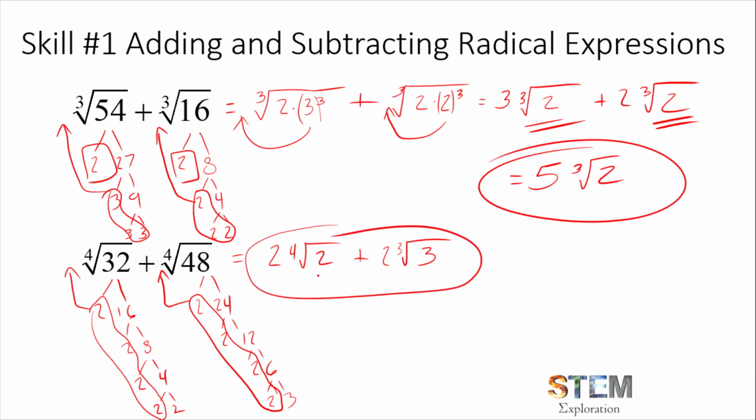There's no adding or subtracting that we can do because the radicand is not shared. Sorry, this is to the fourth. The radicand is not shared. The indexes are, but the radicands are not, and we can't add them together. So that's all the further we could go, and that's an example of something that can't be added or subtracted.